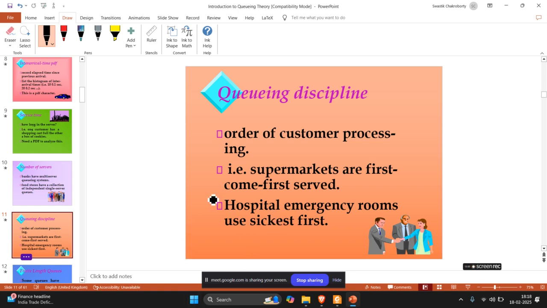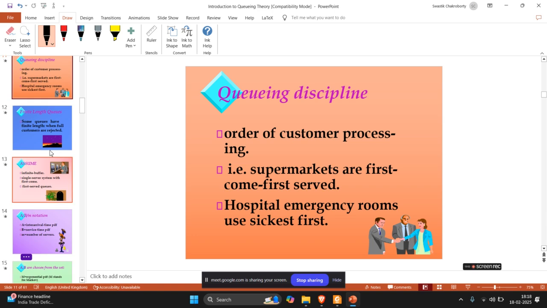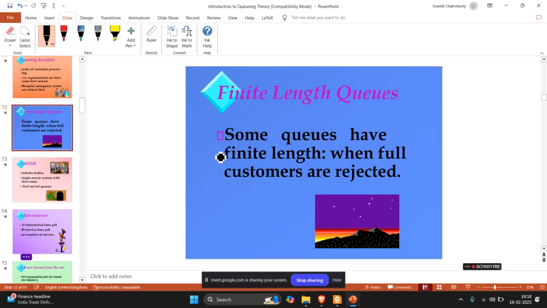So in our case, for analysis, mostly we will be taking the first come first served queue, because we have to do a random analysis of probability distributions, and first come first served is a random process, so you don't know which one will come first. But priority disturbs this randomness, so we usually don't study priority queues.